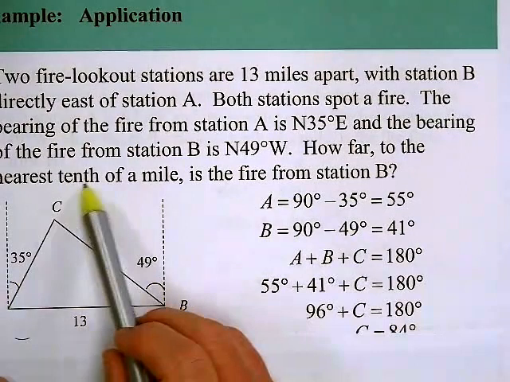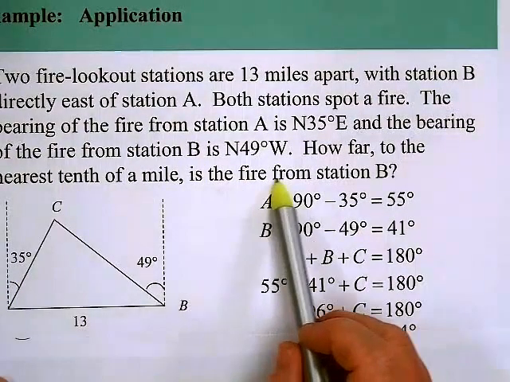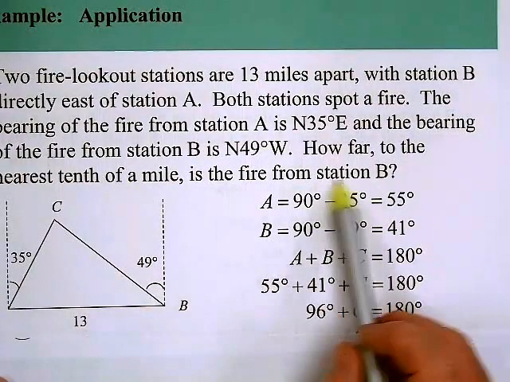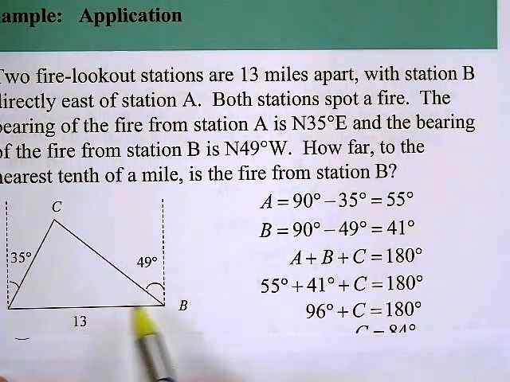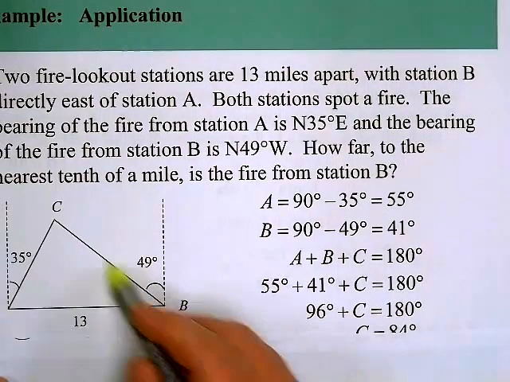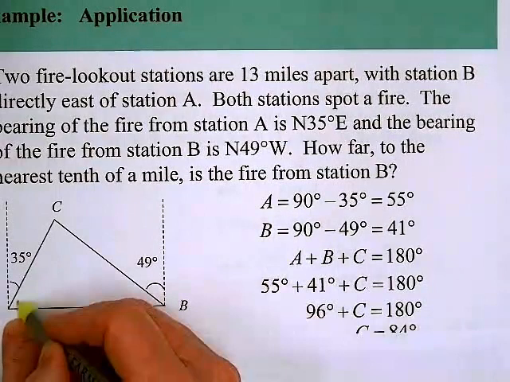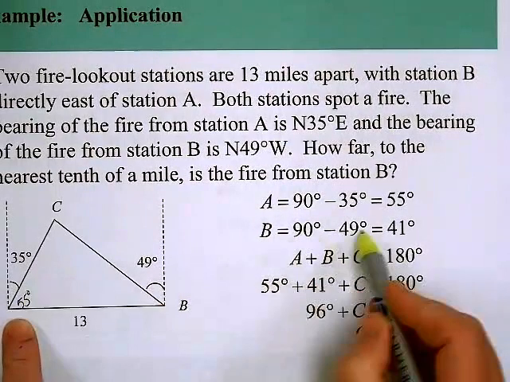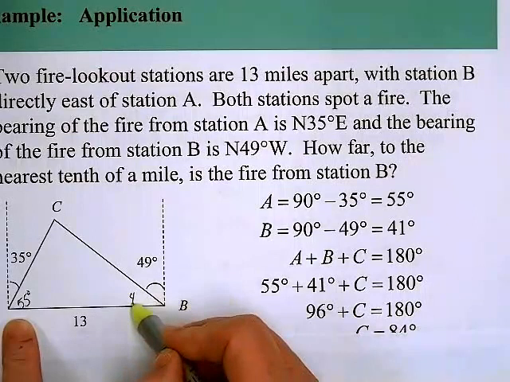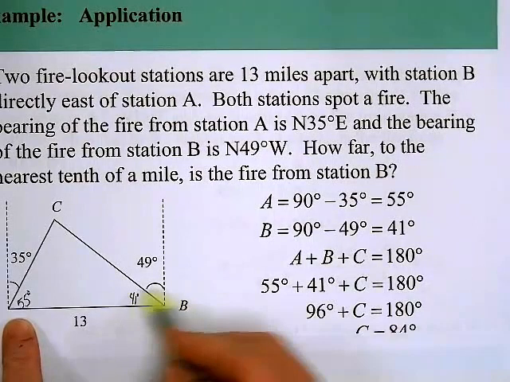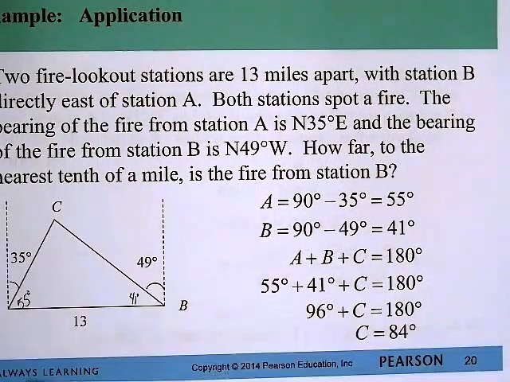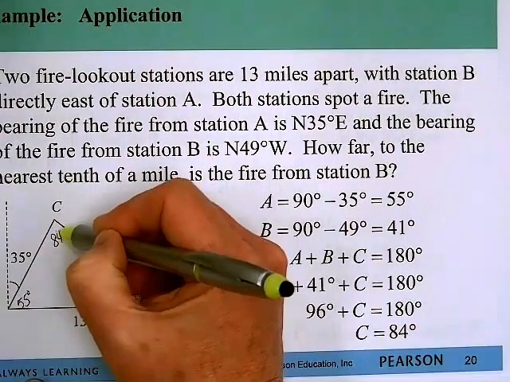How far to the nearest tenth of a mile is the fire from station B? So we're trying to find the distance from B to C. A is 90 minus 35, so this is 55 degrees. B is 90 minus 49, so it is 41 degrees. So I can figure that angle C is 84 degrees.